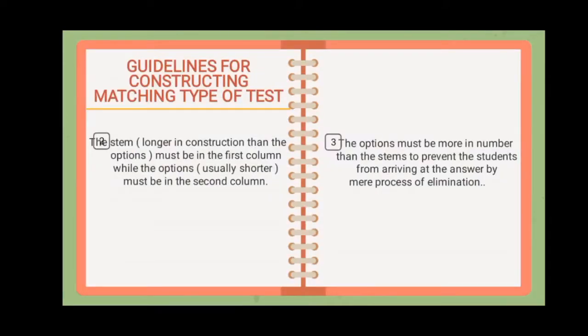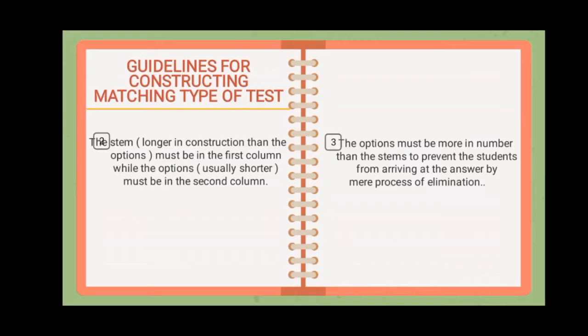In the first column, these are the literary works or the premises, and the responses are the authors. Number 2, the stem, longer in construction than the options, must be put in the first column, while the options, which are usually shorter, must be put in the second column. So this means that the longer items or longer contents must be in the first column, while the shorter items must be put in the second column or the responses.